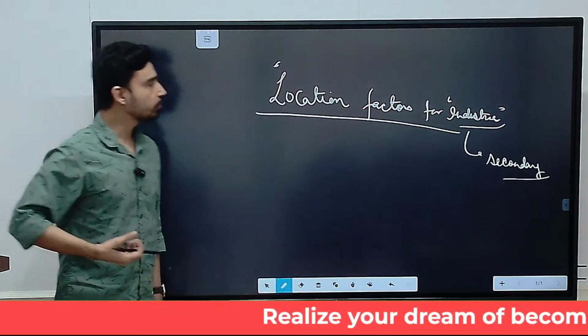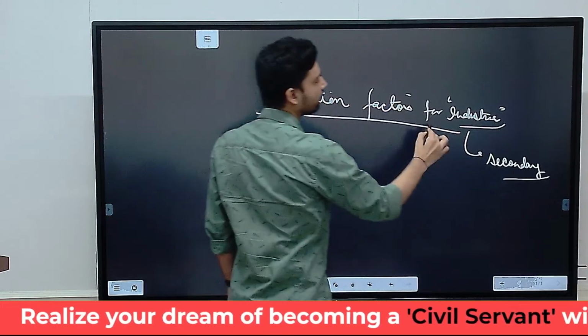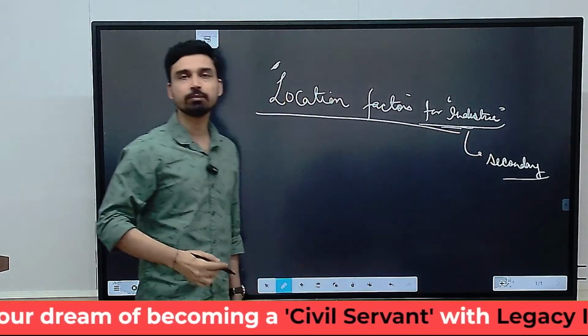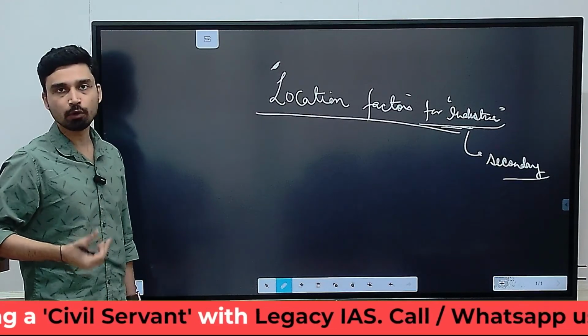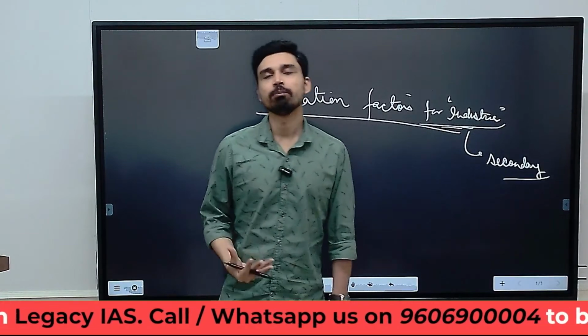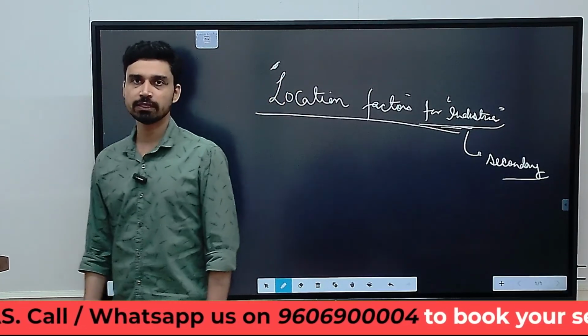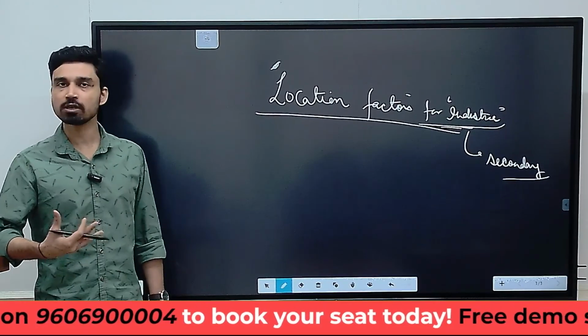So let us try to understand what the term location factor itself represents, and what the most important location factors are that are relevant for the development or setting up of manufacturing industries. The main purpose of industries is to convert raw materials into meaningful processed products.